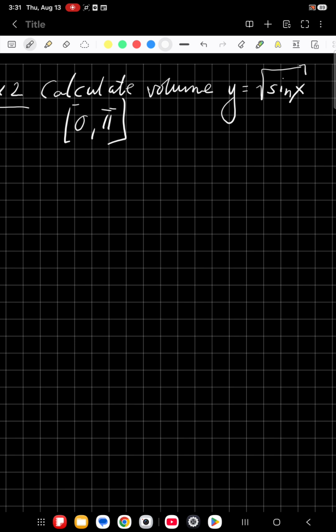Okay, so let's start with the picture. Here's the x-axis. And that curve basically looks like this. I haven't graphed it, but this is what I have in my notes. So this is pi.